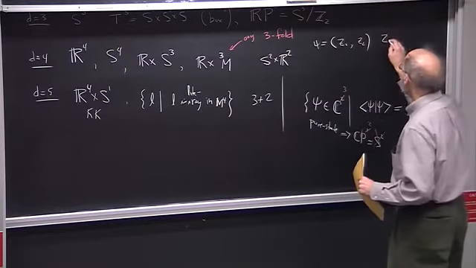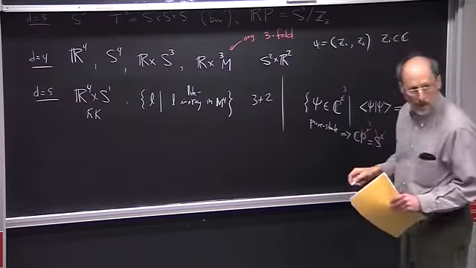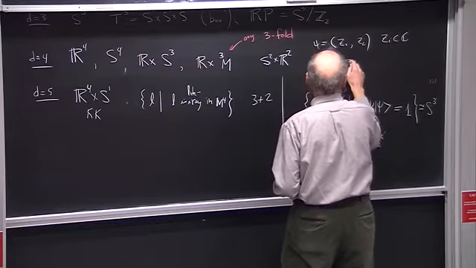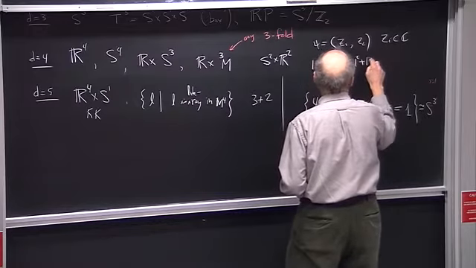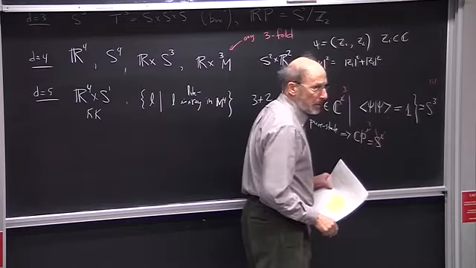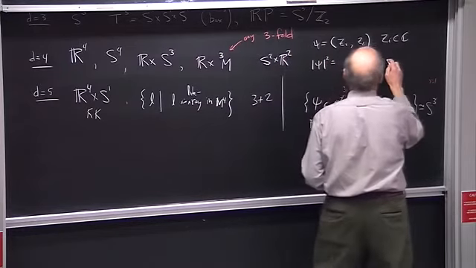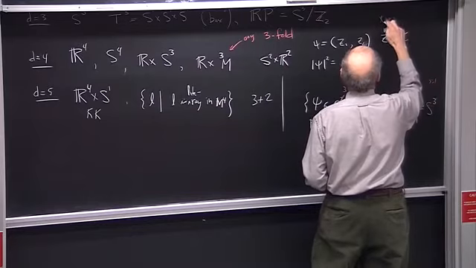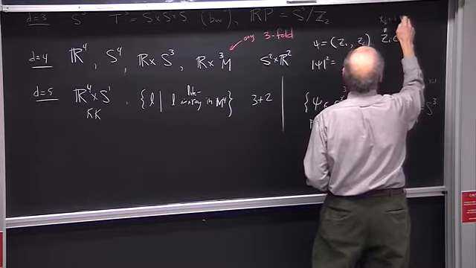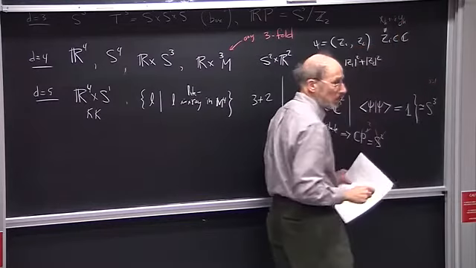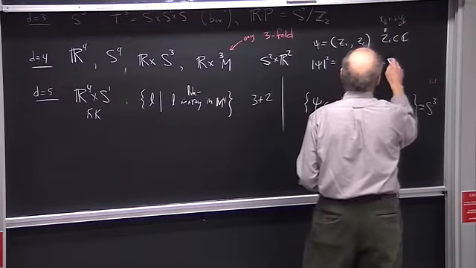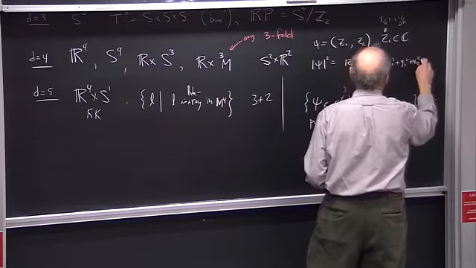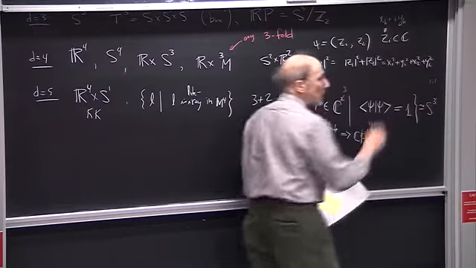And then the magnitude is just given by... If I were to give these real coordinates, call them xk plus i yk, the k being 1 and 2, then this would just be x1 squared plus y1 squared plus x2 squared plus y2 squared.